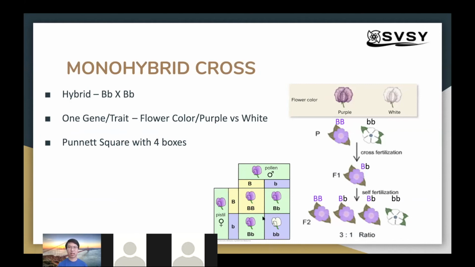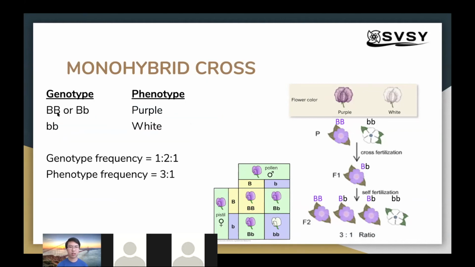And this is the monohybrid cross. As you can see, it always produces this 3-to-1 phenotypic ratio of what we can observe, and this 1-to-2-to-1 homozygous dominant to heterozygous to homozygous recessive genotype frequency. So yet again, you can see it summarized here.